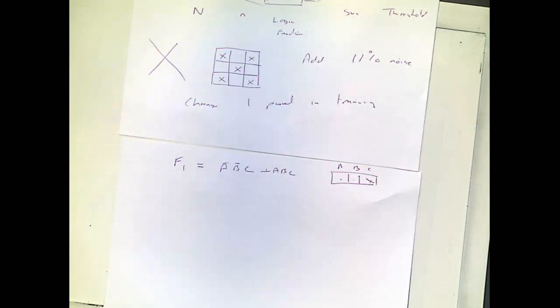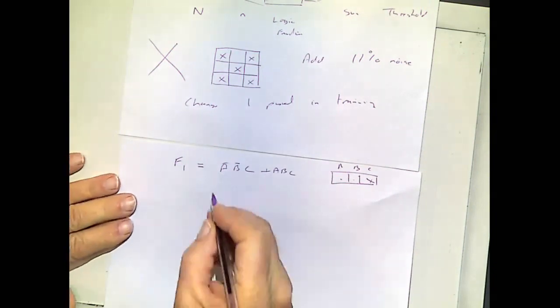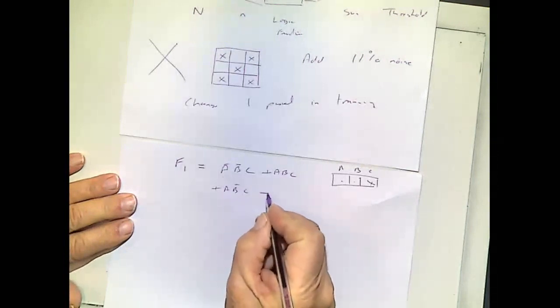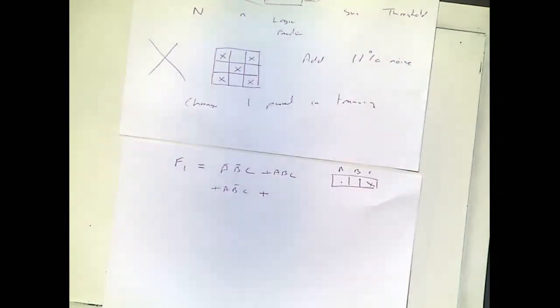And if the noise is in the top right, what is the logic function? A, B, not C. Or A, not B, not C. A and not B and not C. Or if the noise isn't in the top row, it could be in the middle row or the bottom row. Remember, each grabbing of that frame, 1 pixel is changed. That's effectively the noise.